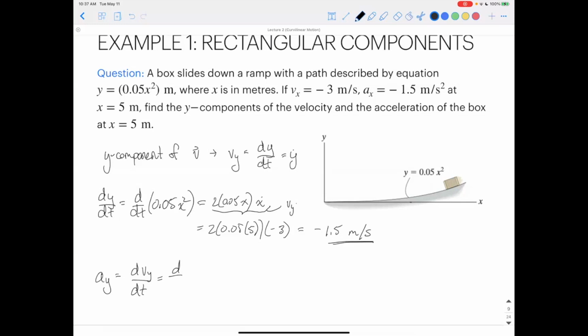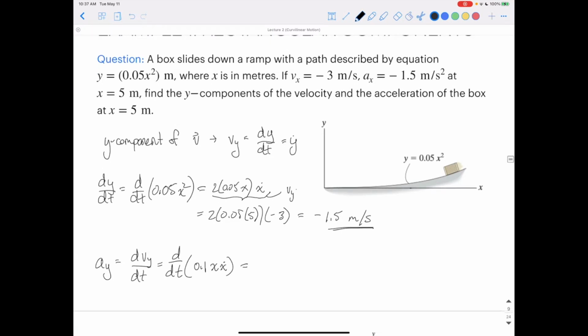So we can write the time derivative of 2 times 0.05. Let's just write that as 0.1 x times x dot. So we take the time derivative of this. We use the product rule because we have two x's in here now, an x and an x dot. Take the derivative of one term plus that function with the derivative of the other term.